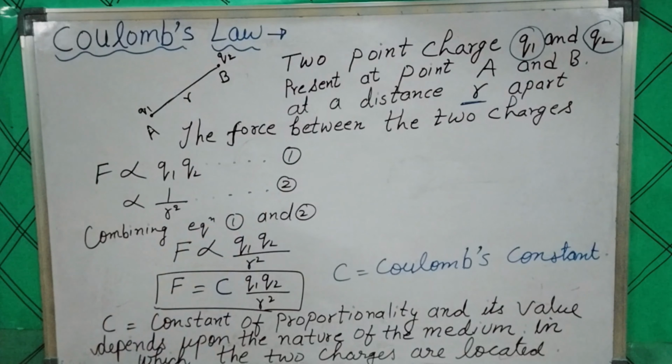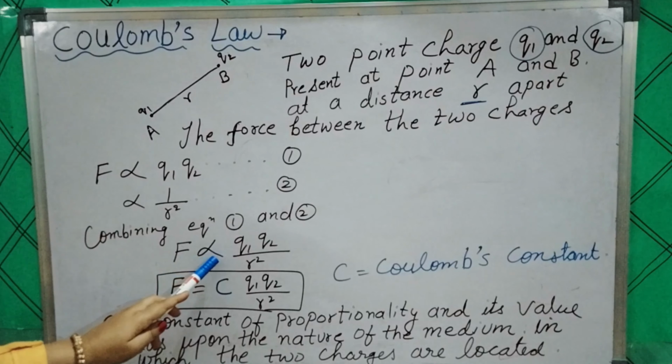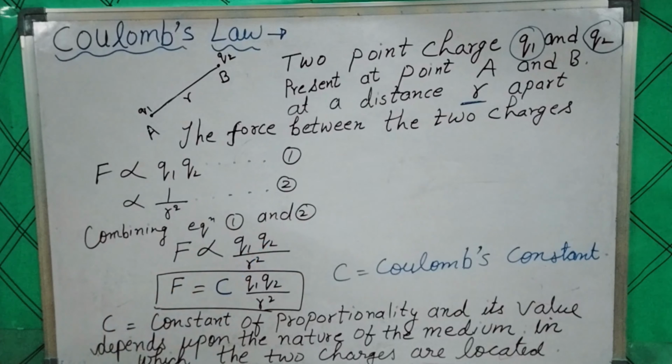This is equation number 2. After combining these two equations, we get F is directly proportional to Q1 Q2 by r square. Then F is equal to C Q1 Q2 by r square, where C is the constant of proportionality and its value depends upon the nature of the medium in which the two point charges are located. C is also called Coulomb's constant.